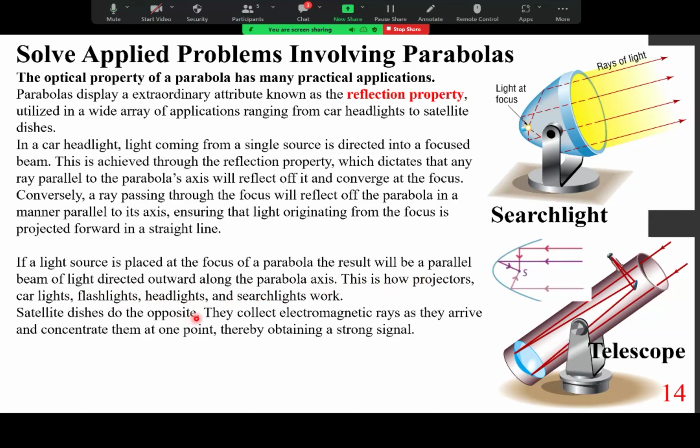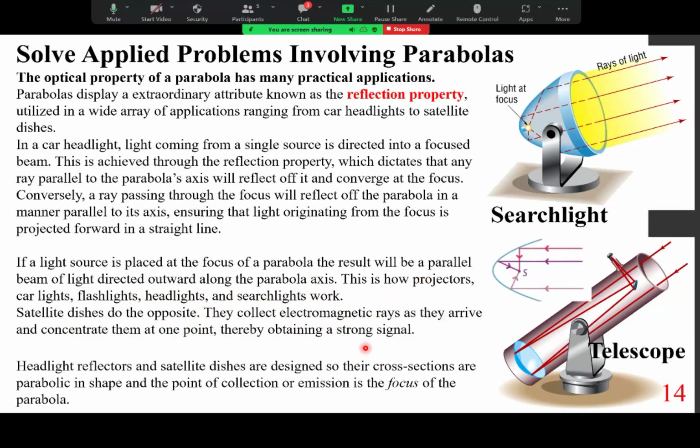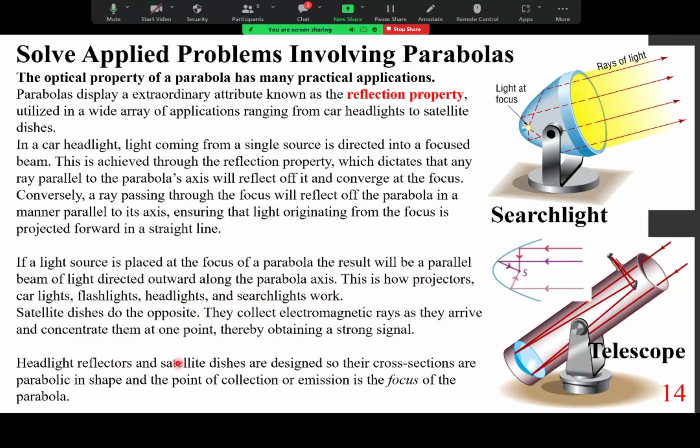Satellite dishes do the opposite. They collect electromagnetic rays as they arrive and concentrate them on one point, thereby obtaining a strong signal. Headlights, reflectors, and satellite dishes are designed so their cross sections are parabolic in shape, and the point of collection or emission is the focus of the parabola.